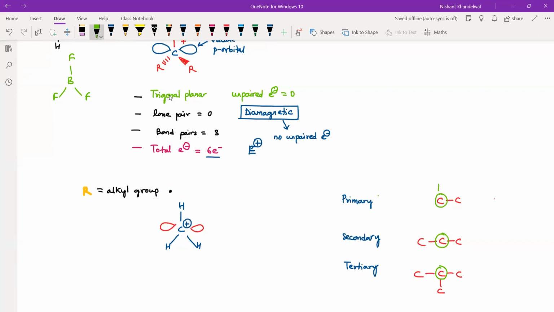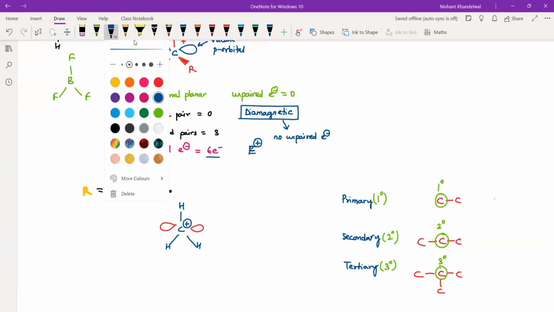For primary we write 1 degree, for secondary we write 2 degree, and for tertiary we use 3 degree. So this is primary, this one is secondary, and this one is tertiary. So it is about how many carbon atoms one carbon atom is linked to. That defines its degree. I hope you have understood.